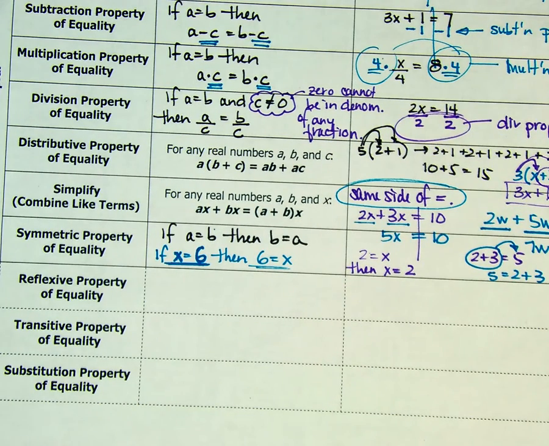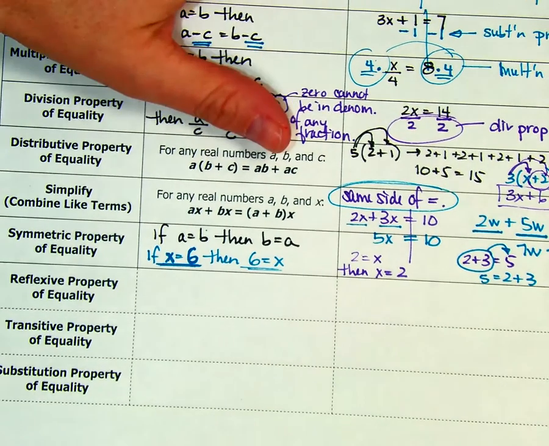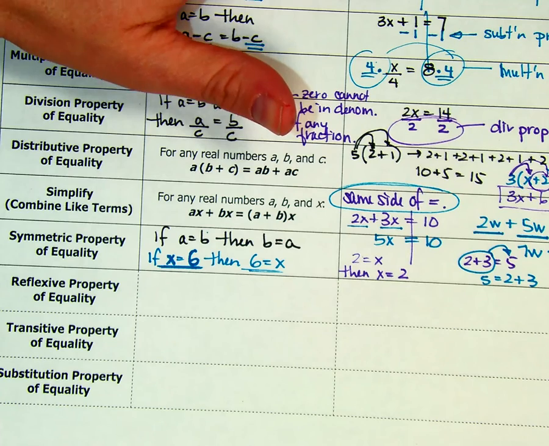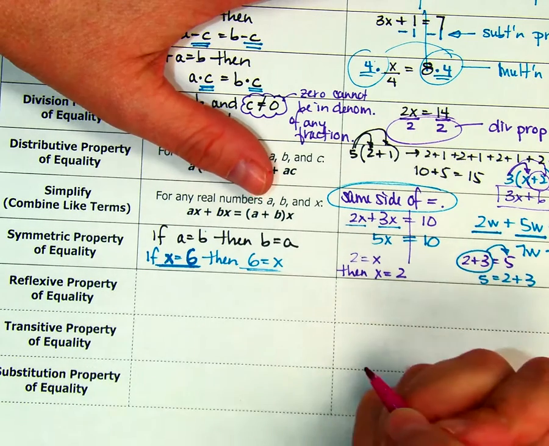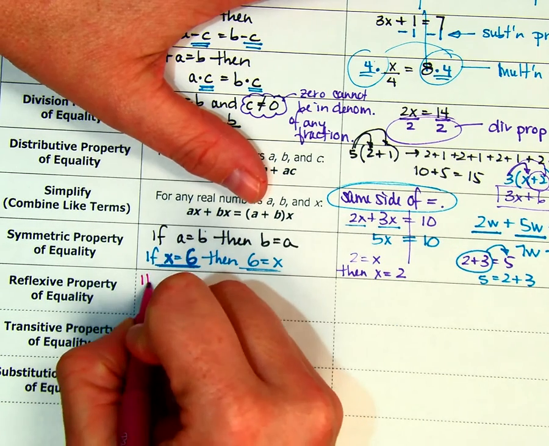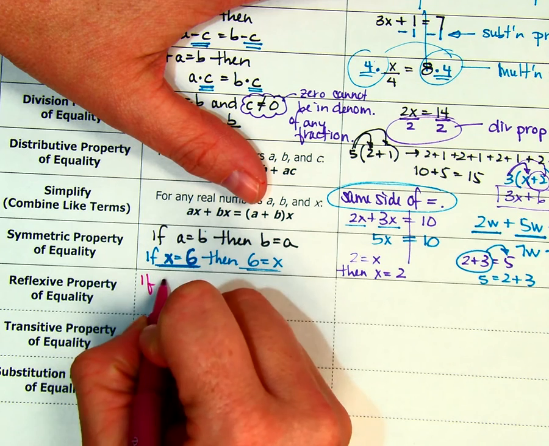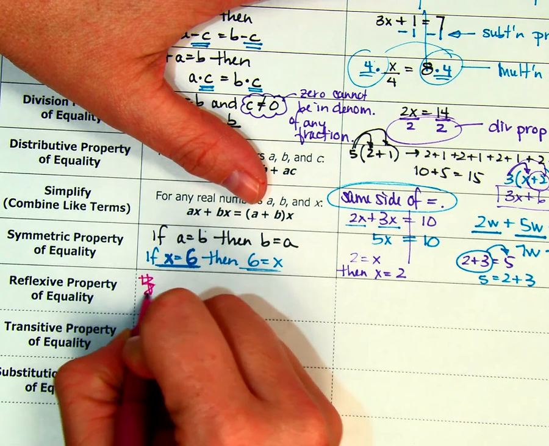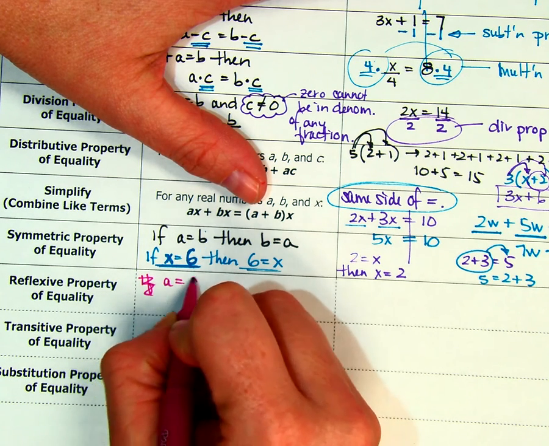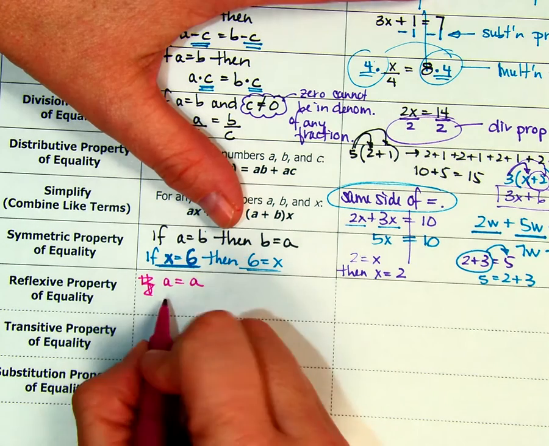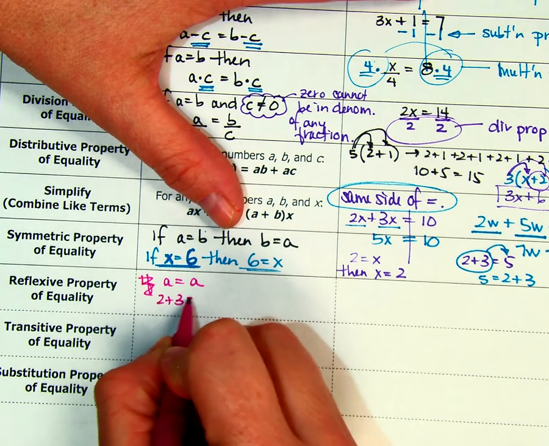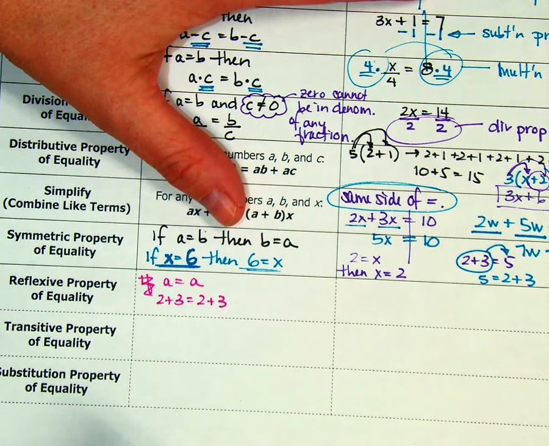Reflexive property, it's honestly not used too much with algebra, but definitely with geometry when we start proving triangles congruent. So reflexive would mean that the right side equals the left side. So let's just do A equals A. The left side has to be exactly like the right side. 2 plus 3 equals 2 plus 3.